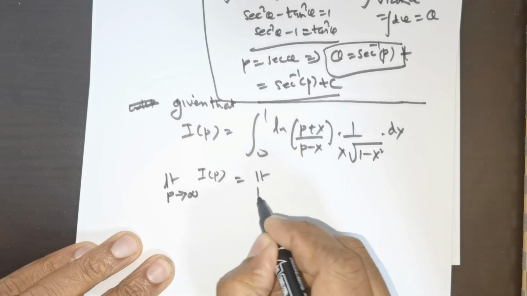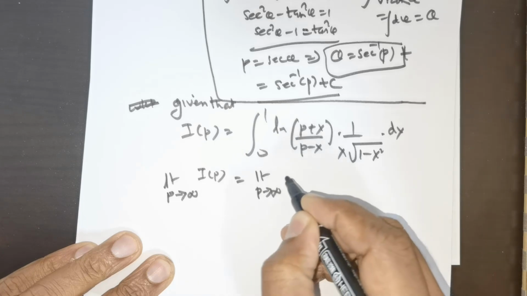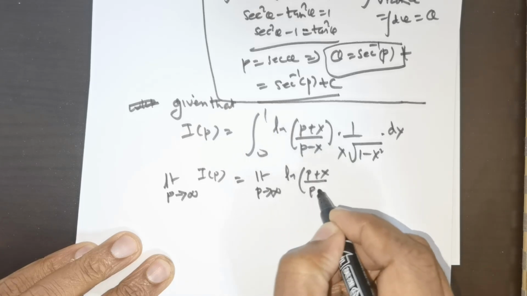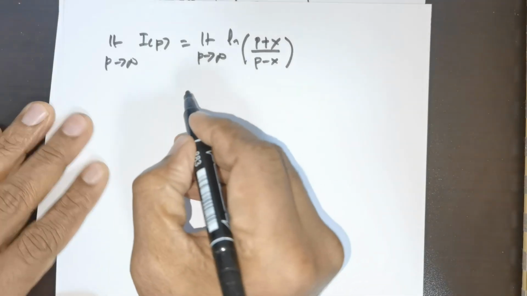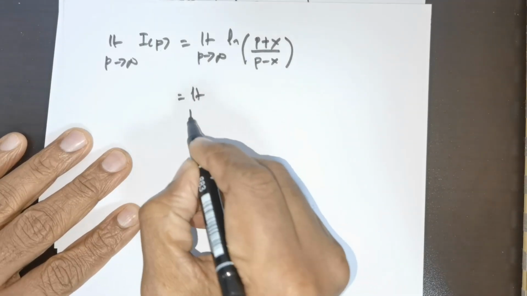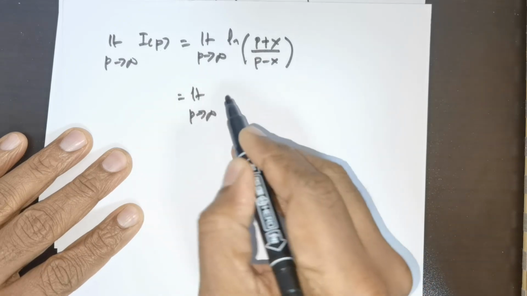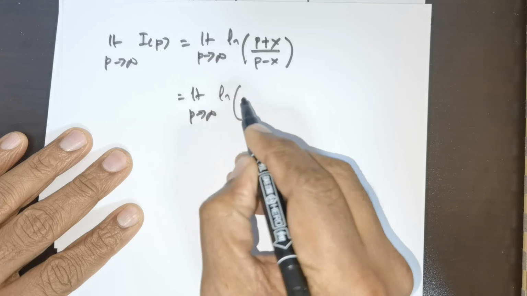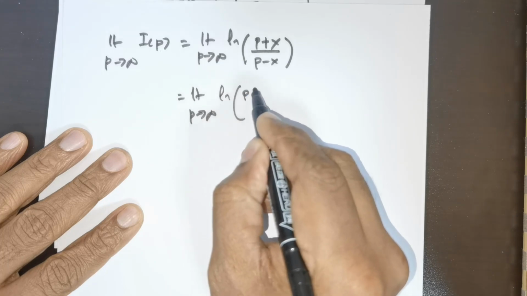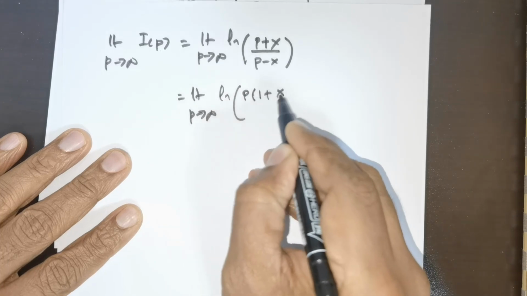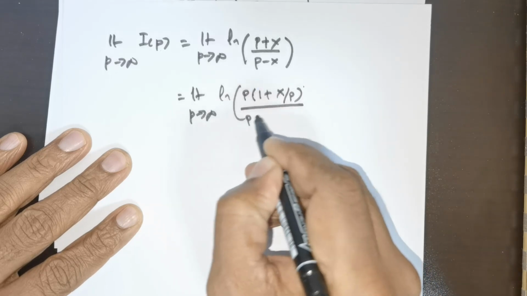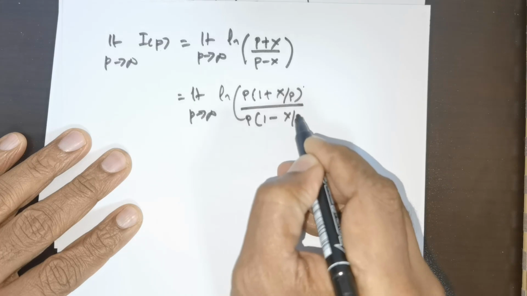So this is going to be limit p tending to infinity of ln of (p positive x divided by p negative x). Before applying limits, I would like to rewrite this by taking p out. If I take p out, I will get p of (1 positive x over p), and p of (1 negative x over p).